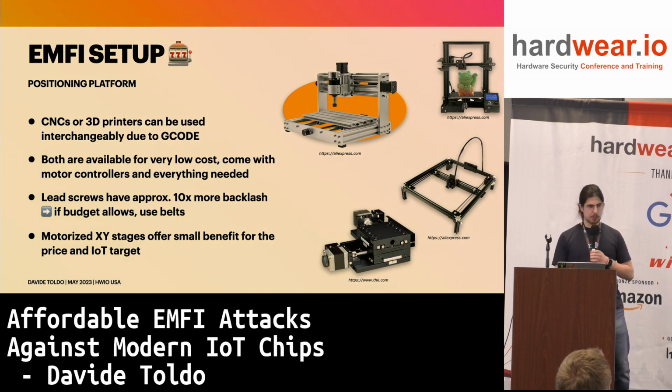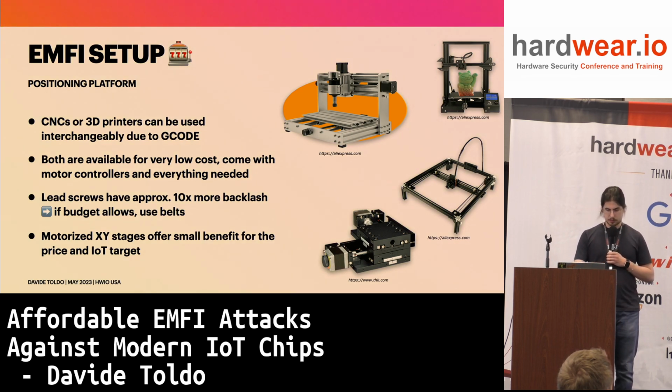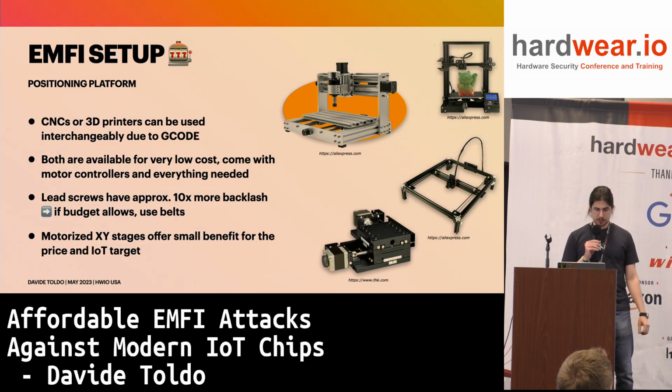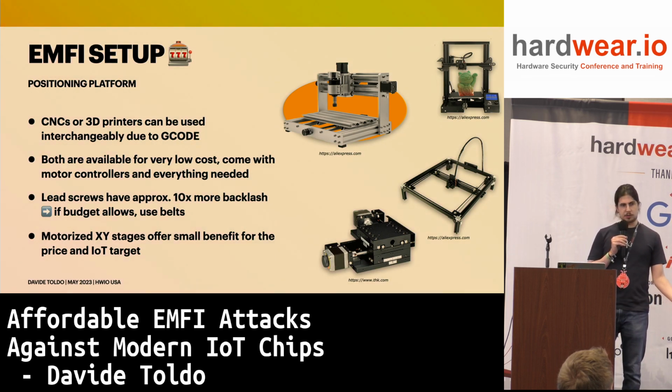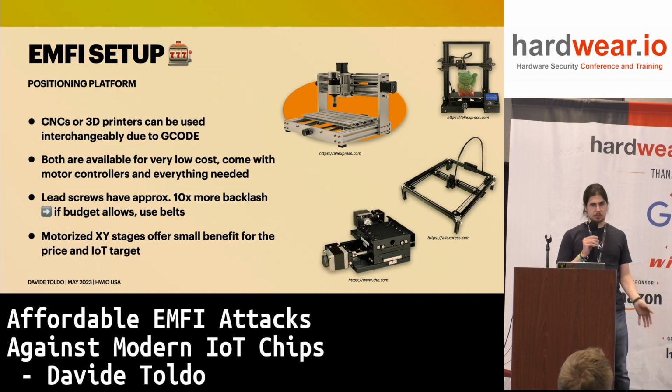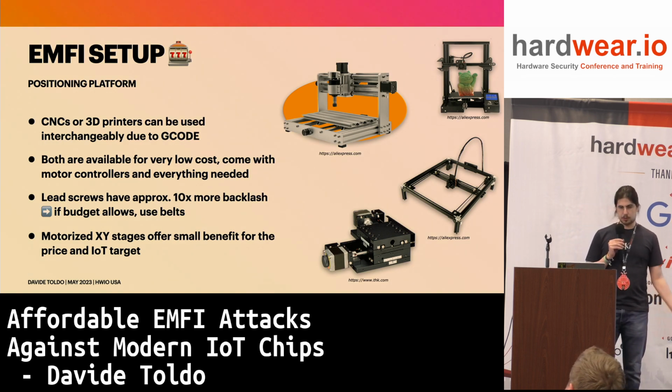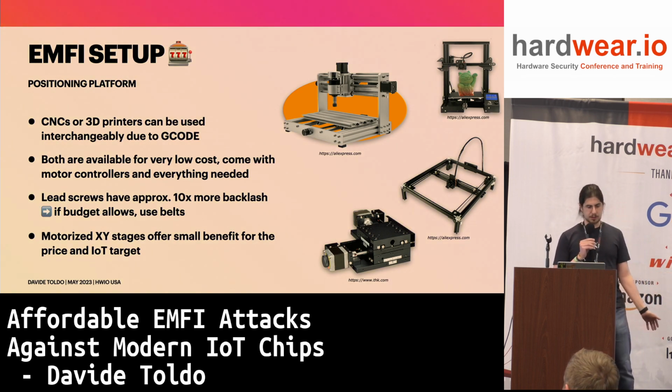For the positioning platform, you have a few options. CNCs or 3D printers are a very good idea because they are made in mass production and they're quite cheap. They are also used interchangeably since they all use G-code. So everyone who's worked with 3D printers knows this. They come with the motor controllers, with the motors, with the end stops, with everything you need.